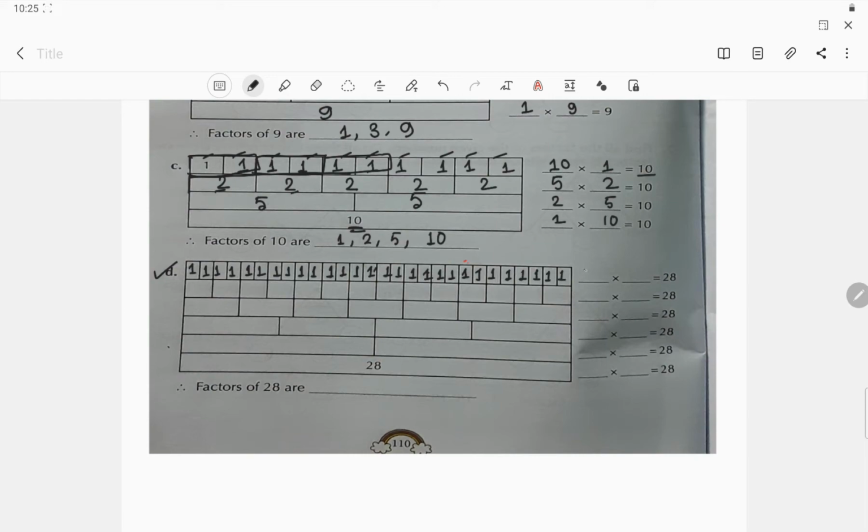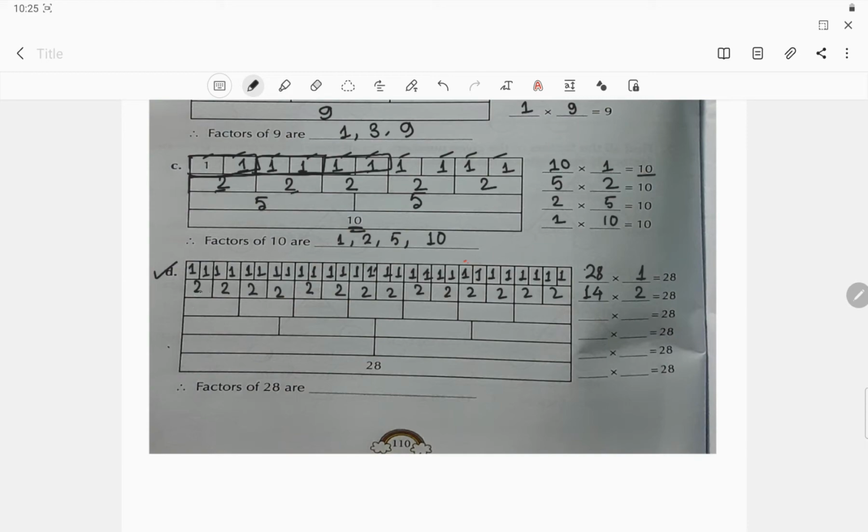So 28 into 1. Right? Then it will be 2, 2, 2, 2, 2, 2, 2 and 2. And if you check, there will be 14 2s. So 14 into 2, you will get 28.